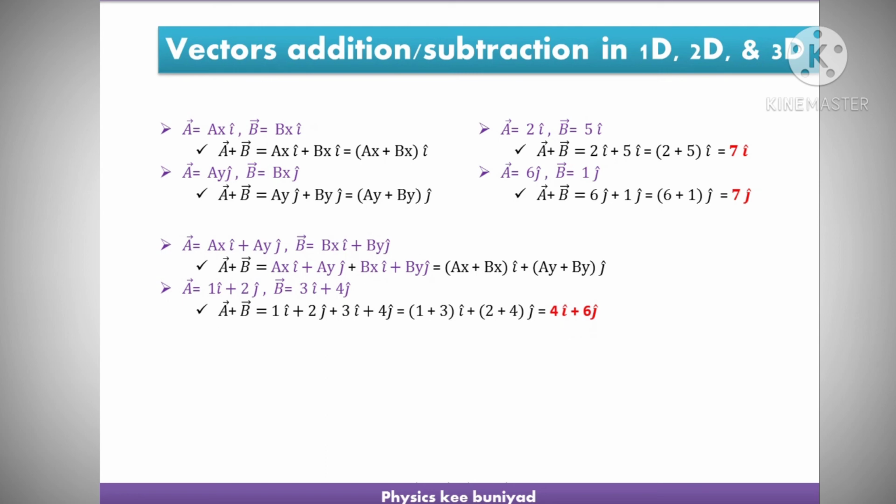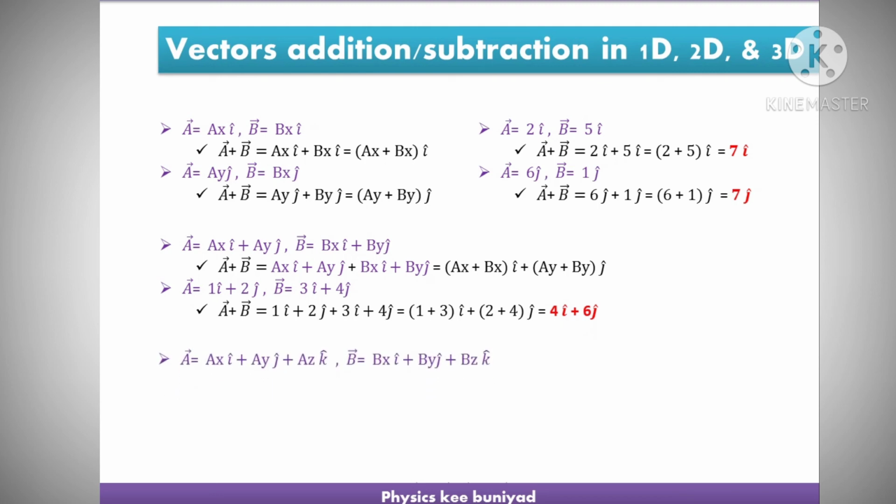Now if we take the common i cap, then we will get 1 plus 3 into i cap, similarly plus 2 plus 4 into j cap, and it will give you 4 i cap plus 6 j cap. So this is how we can add two vectors if they are in the two dimensional plane.